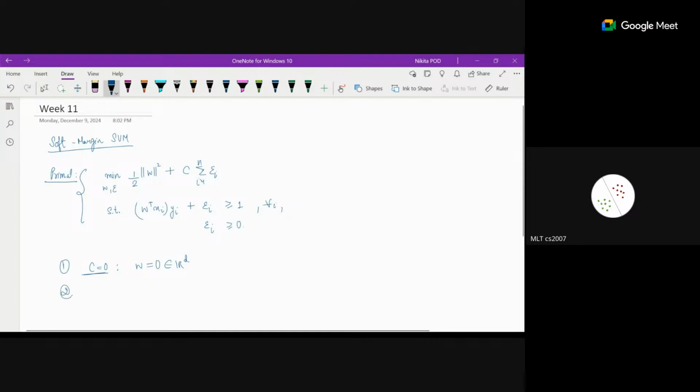And if C was infinity, it is nothing but the linear separability case.